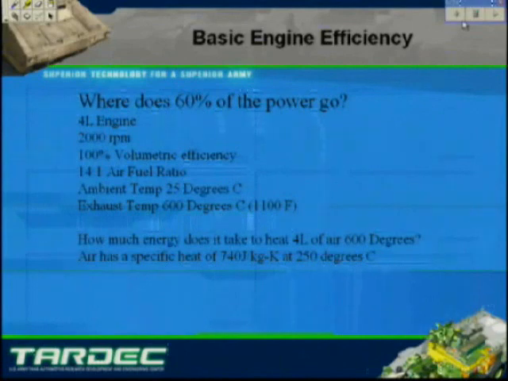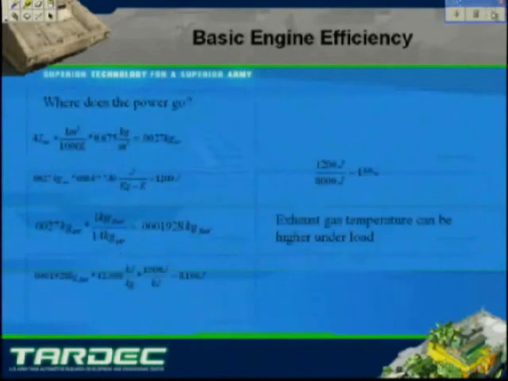And just a quick calculation, how much energy does it take to heat 4 liters of air 600 degrees? And we're just saying that air has a constant specific heat of 740 joules per kilogram Kelvin, which is not exact science, but we can do some basic math.